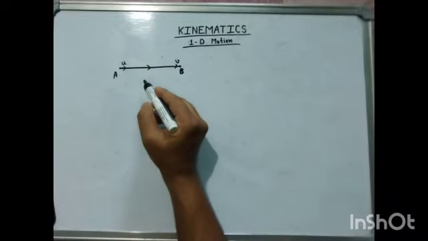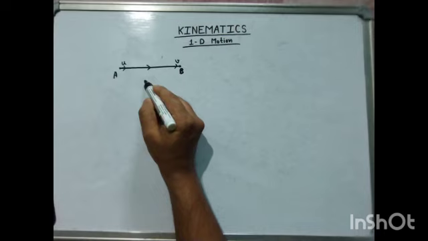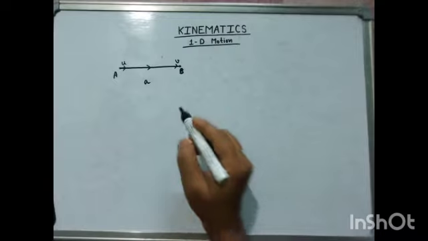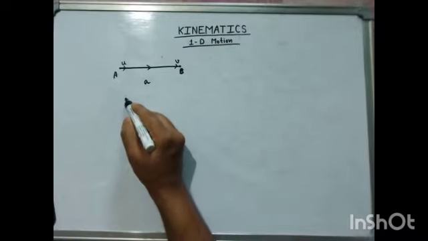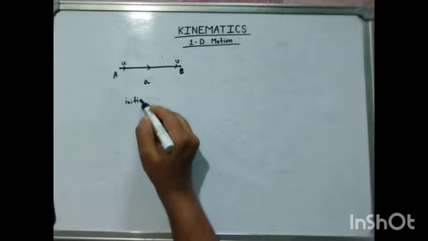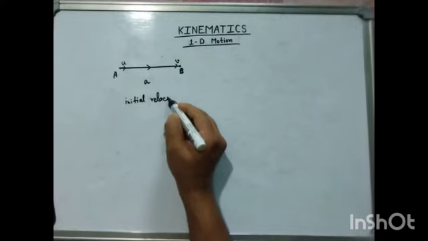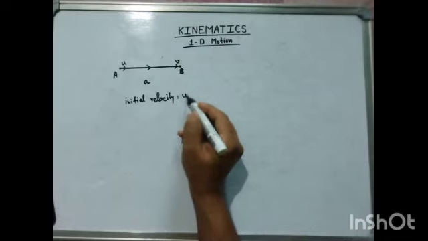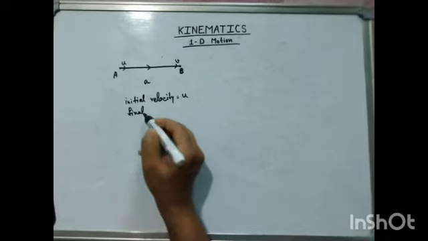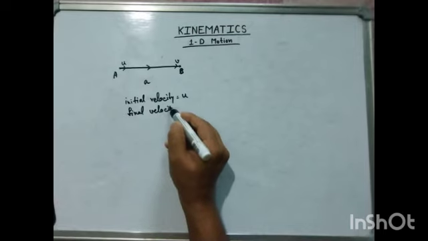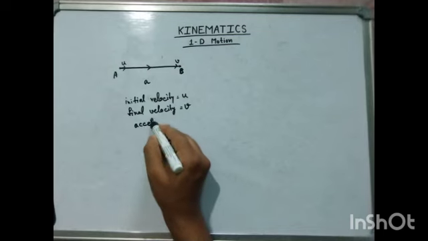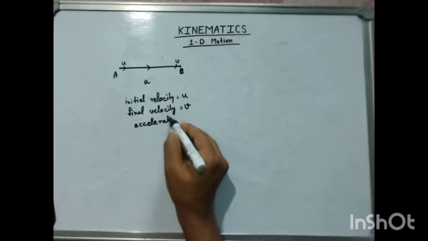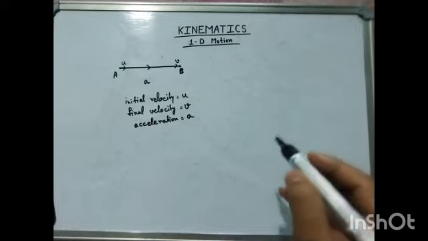And I am going with a constant acceleration a. So my initial velocity is u, final velocity is v, and here acceleration is a.